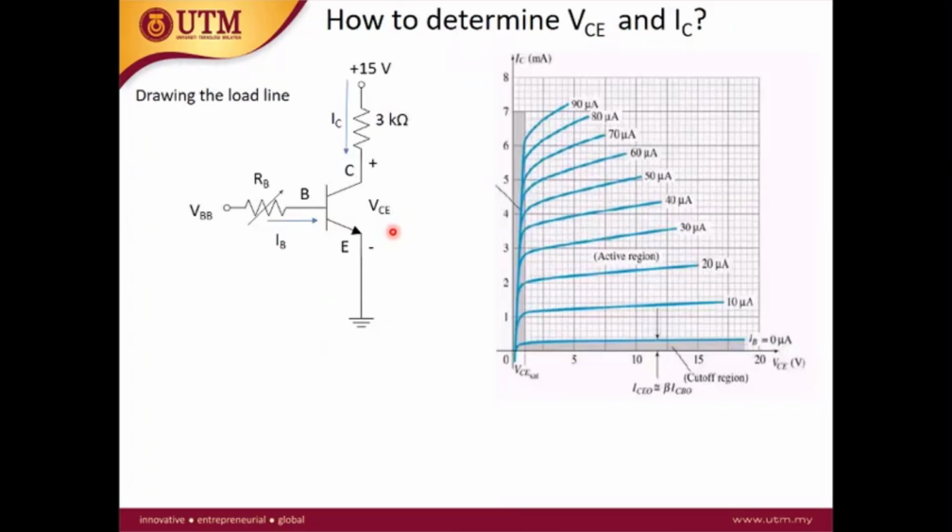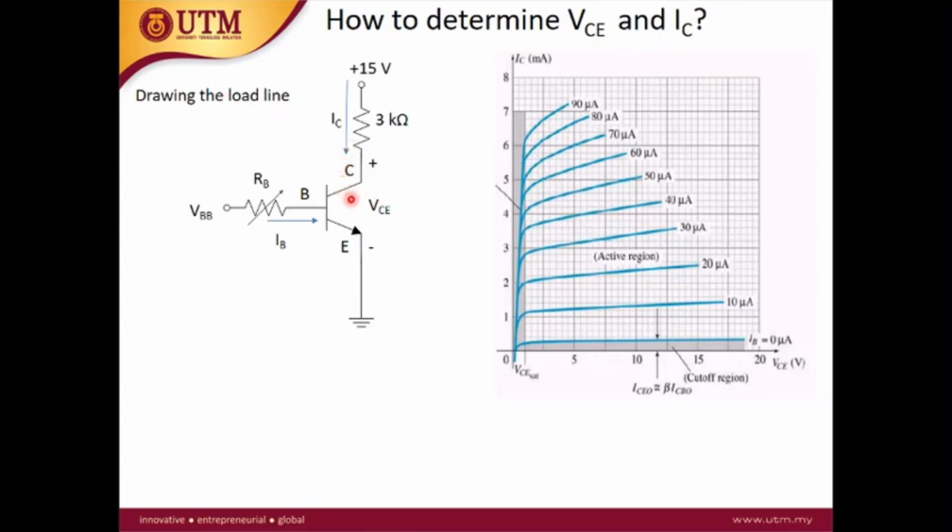If you have this bias circuit, how can we determine the VCE and IC? Since we have 15 volt here, but we don't apply it directly, VCE is not 15 volt. One procedure to obtain the VCE and IC is by using the load line.